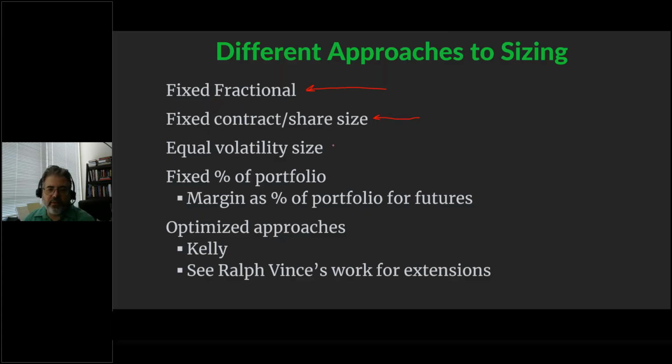One of the ones that is a little bit odd, but is very important to understand from a historical perspective, is equal volatility. It's not fixed fractional. There is a potential point of confusion here. Equal volatility comes from the people who did this, the Turtles. It's probably the most famous group of people who use this.